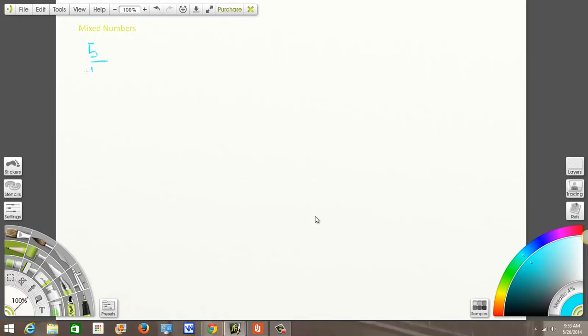Here's how an improper fraction looks. 10 over 5, because the numerator is bigger than the denominator. So how can we write this in another way? Well, see this little bar in the middle? This is actually a division sign. So 10 divided by 5 equals 2. 2 is a mixed number.